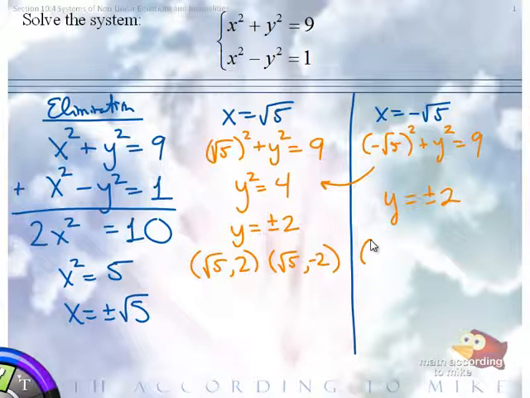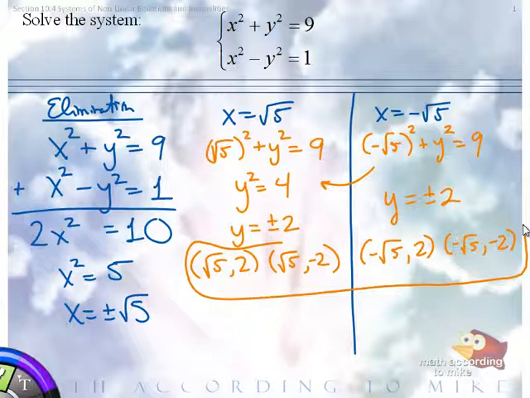So your coordinates both have a negative square root of 5, but now one's a positive 2 and one's a negative 2. Please keep your answers separate. What I do not want to see is plus or minus radical 5, comma, plus or minus 2. That's bad.